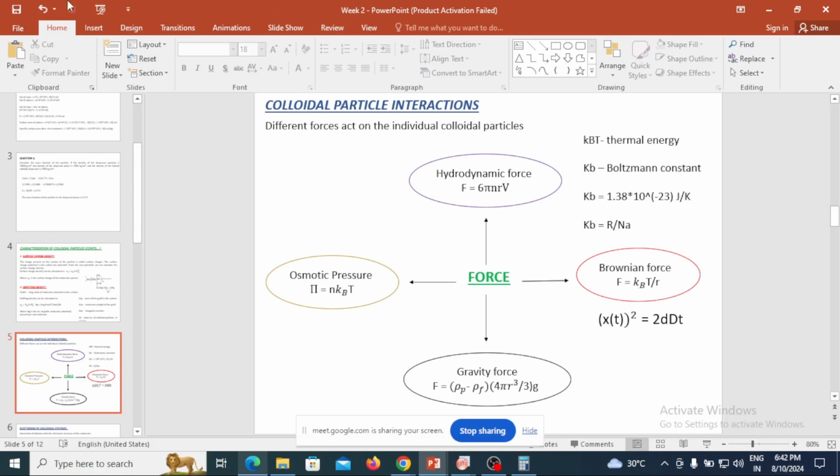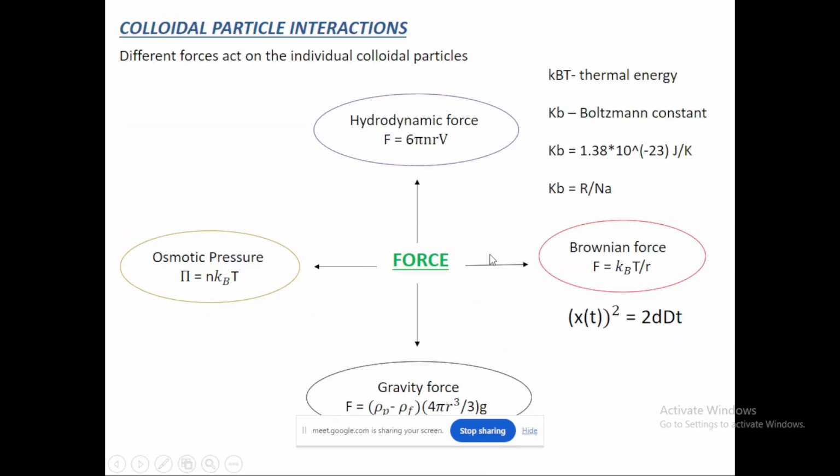Now we come to the other two types of force, that is hydrodynamic force. So what do you understand by the word hydrodynamic force? Hydrodynamic forces are nothing but a kind of frictional force, and that frictional force is exerted by the fluid on the particle when it is moving with a constant velocity v.